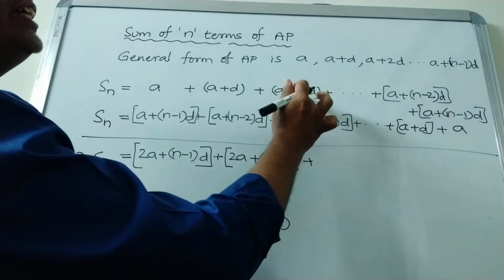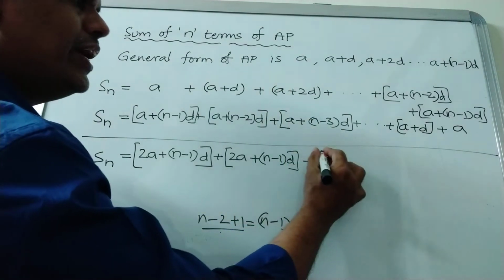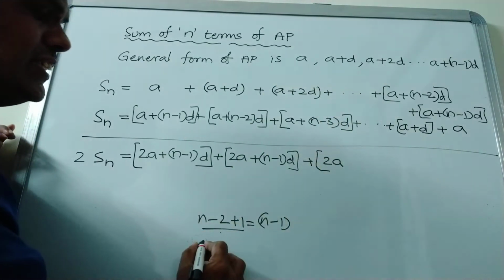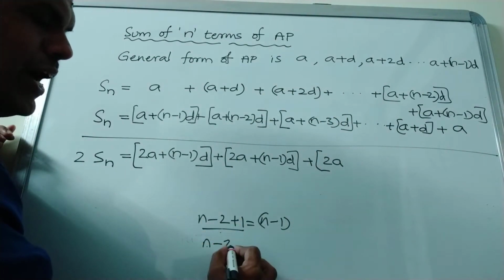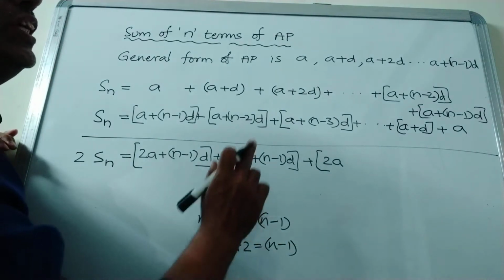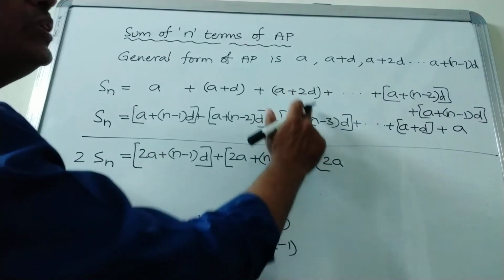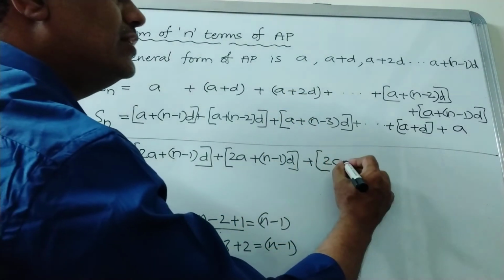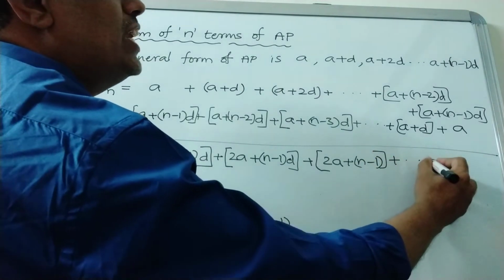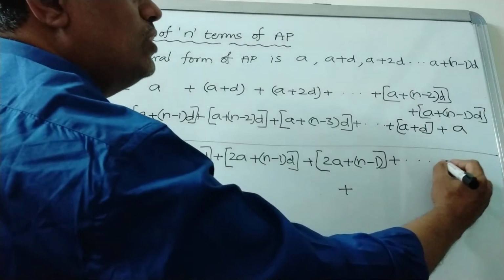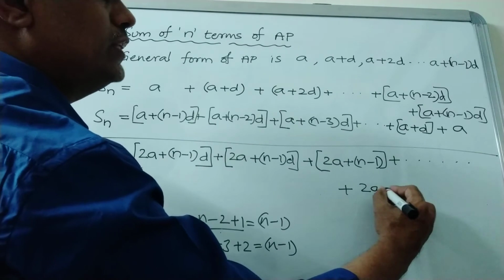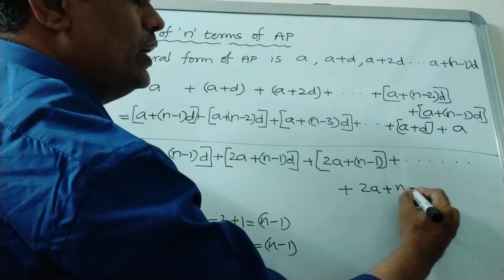Again, if you proceed with these two, adding a plus a, 2a again, very good. And again this is n minus 3, as we have done before. See, n minus 3 plus 2, again n minus 1 I am getting. So with each and every term, when we add these two terms, we only get n minus 1 into d. If you proceed like that, the last two terms also give 2a plus (n minus 1) into d.